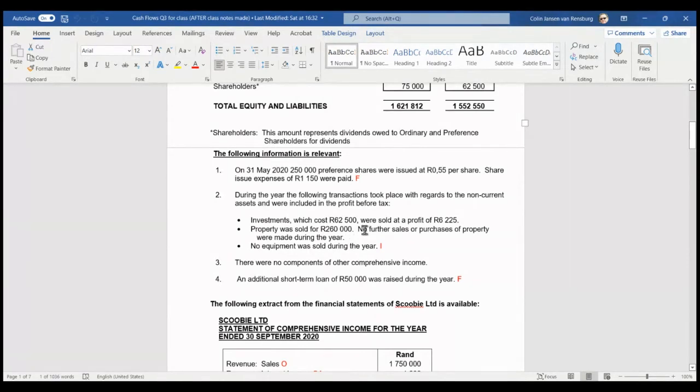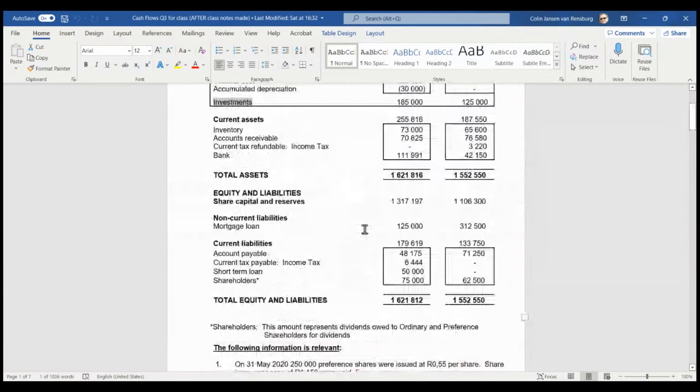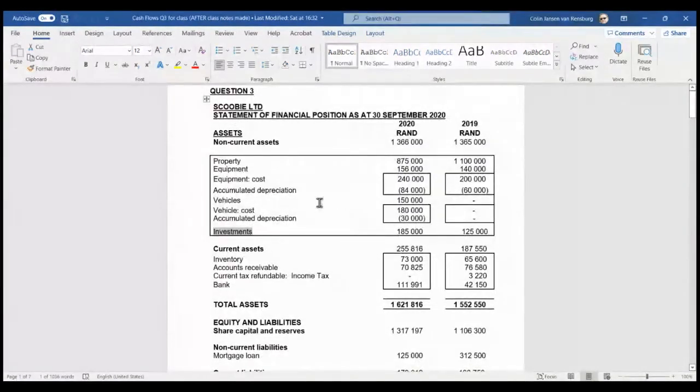Now let's maybe do it in the order that we find it in the statement of financial position. So the first one that we find there is property. Just at a glance, we can see that the property, which is either at cost or at valuation, depending on whether we are using the cost model or revaluation model for property, actually decreased from the beginning of the year, when it was 1.1 million rands, to 875,000 rands.